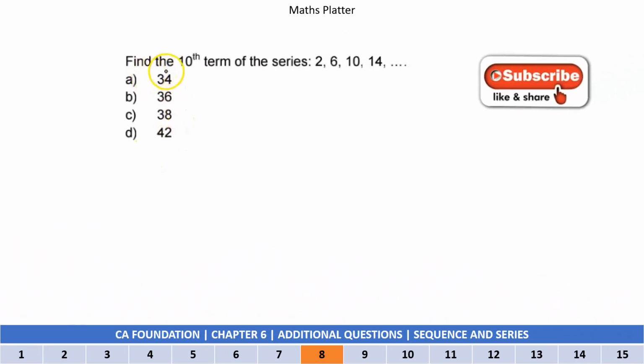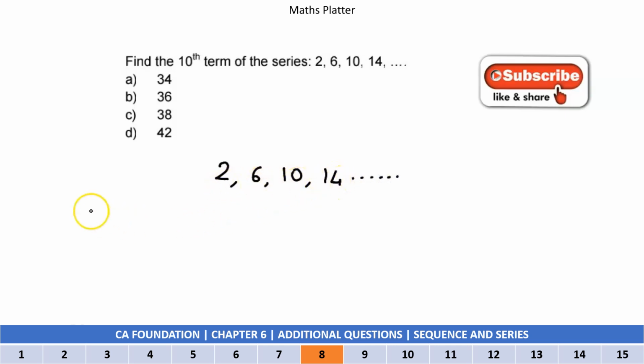The question is, find the 10th term of the series 2, 6, 10, 14 and so on. So if you look at the series, the terms are 2, 6, 10, 14 and so on. If you observe, the difference between the consecutive terms is 4.